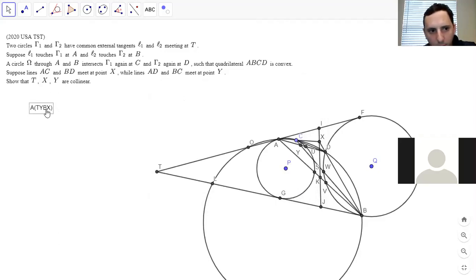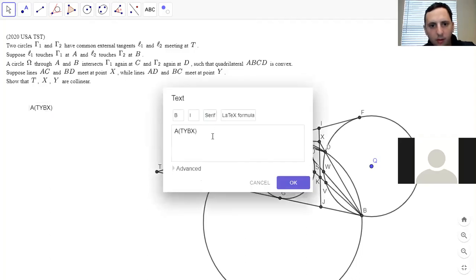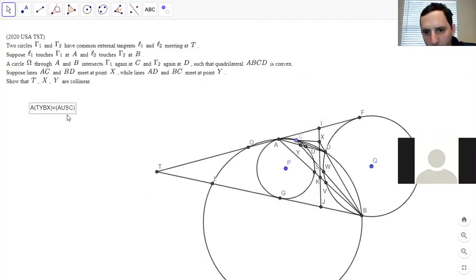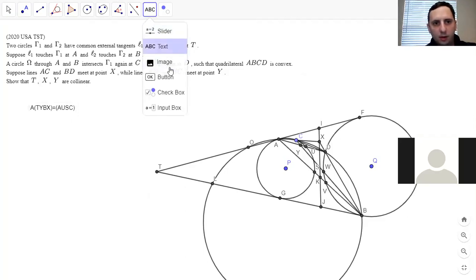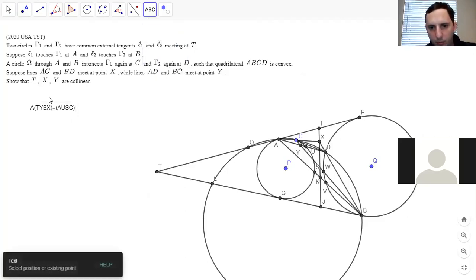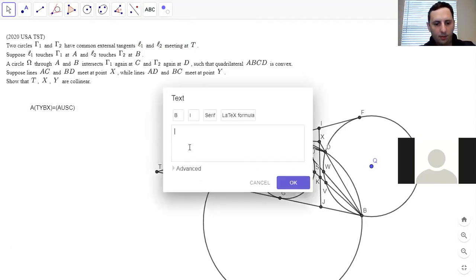So A, U, S, C. Yeah, AUSC. I'm going to fix this up in just a second. I just want to keep it in my head. So AUSC, and then we have B of TYAX.